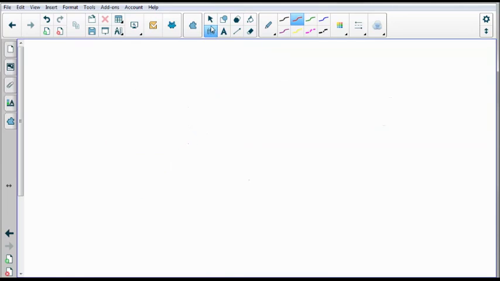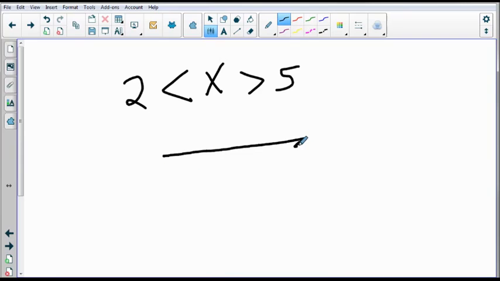All right, let's look at something else. What if we had x is greater than 2, x is greater than 5? Okay, draw my number line. The only two numbers I care about are 2 and 5. Neither has an equal sign on it, so those are two circles. This says that the x's are bigger than 2, so that goes this way. Uh-oh.